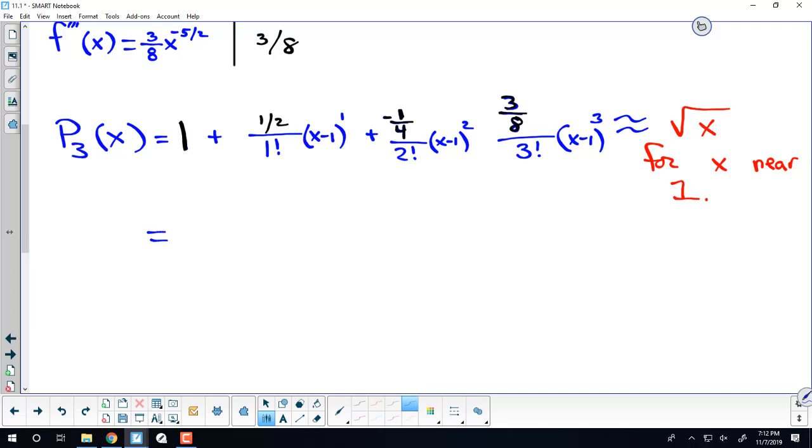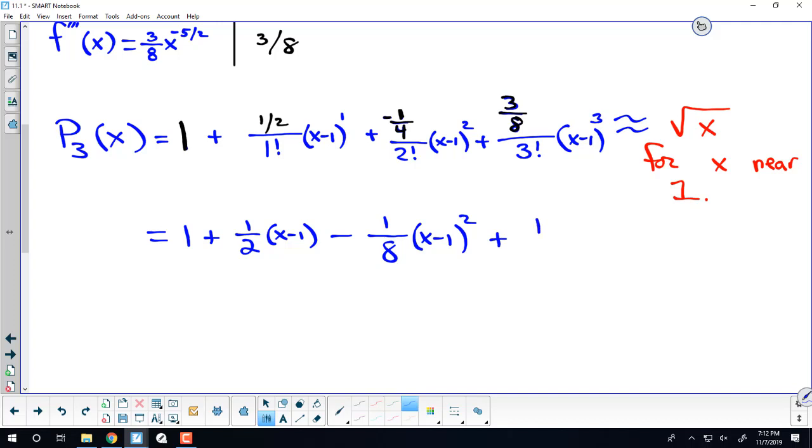I'd rather, this is 1 plus a half times (x minus 1). We've got a minus 1/4 over 2, which is a minus 1/8 times (x minus 1) squared. And we've got 3/8 over 3. The 3's cancel, and we have over 2. Oops, this is plus.